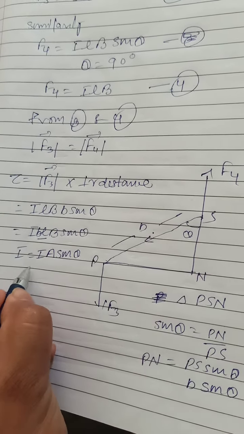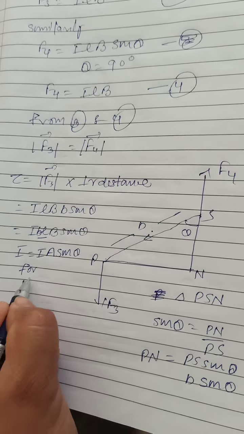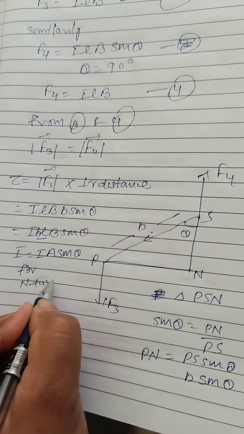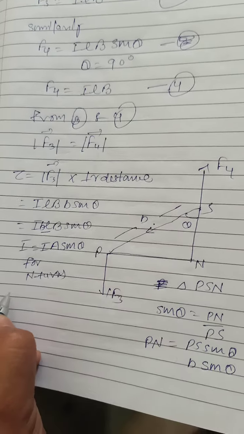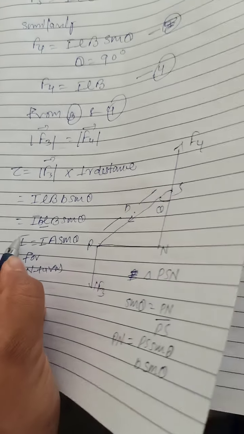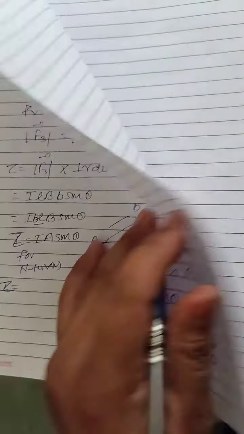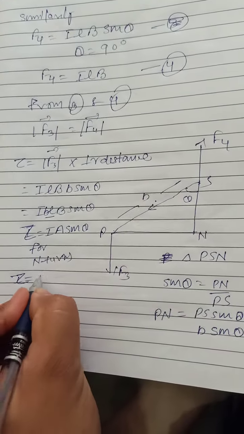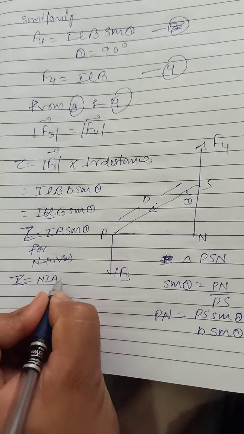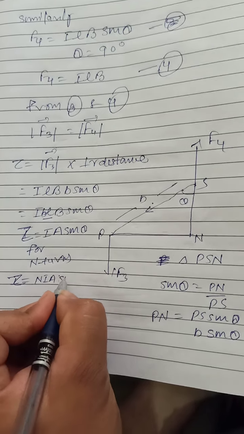So for N turns, you can write the torque is equal to NIA sine theta.